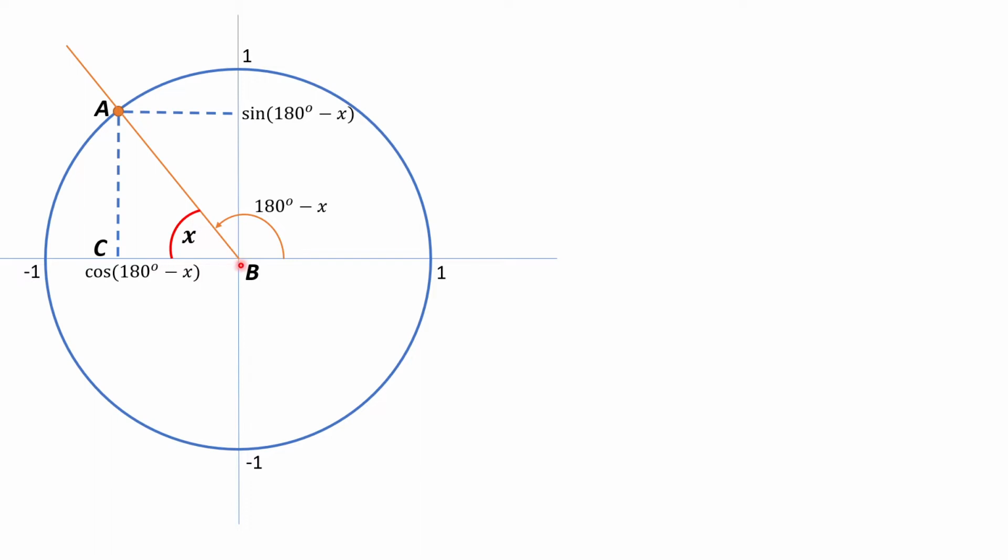But the hypotenuse is our radius, the radius of the unit circle, which equals 1. So essentially AC equals sine x. Okay? In a similar way, we can show that BC, the adjacent leg, is equal to cosine x.